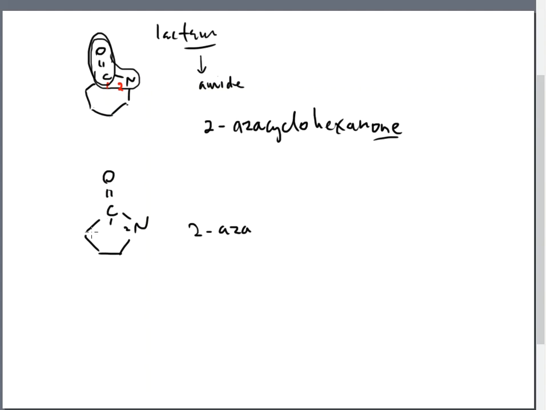And there's a total of 1, 2, 3, 4, and 5. There's still 5 there. So this is a cyclopentane. Drop the E and add O-N-E because of that C double bond O. So 2-aza cyclopentanone would be the name of that structure according to IUPAC rules.